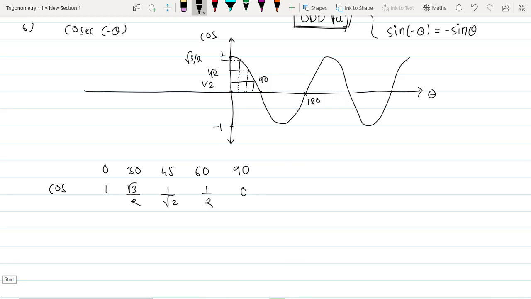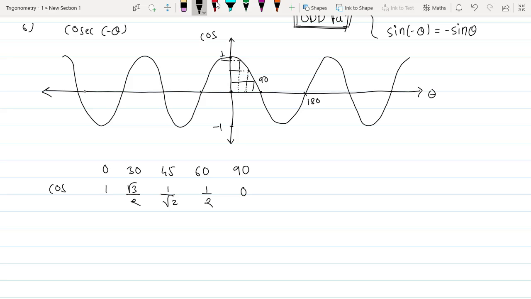If I draw the figure on the left hand side, in the negative direction of the x axis, then what happens? This is exactly symmetrical to the y axis. So for 90 degrees the value is 0.